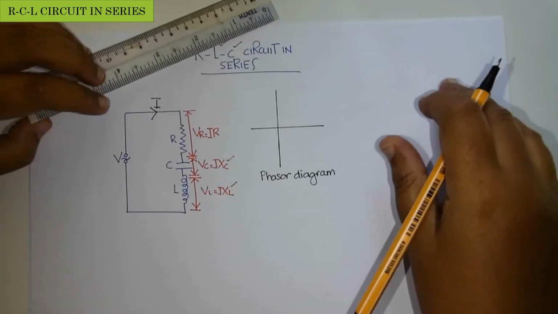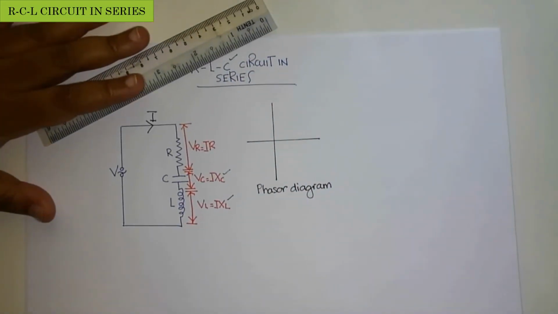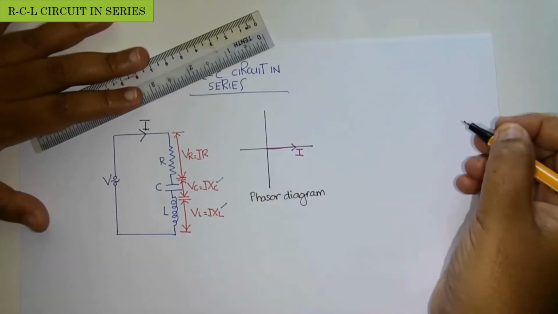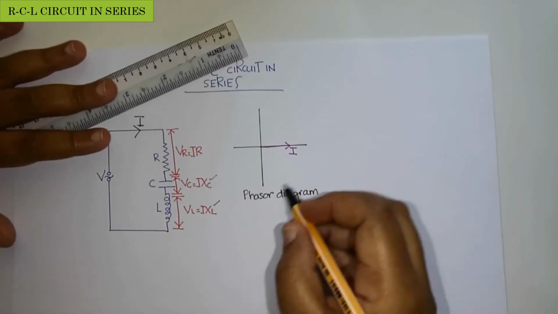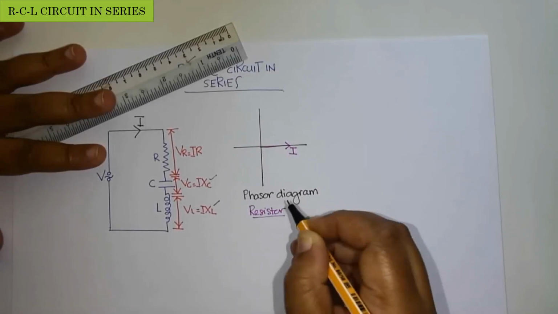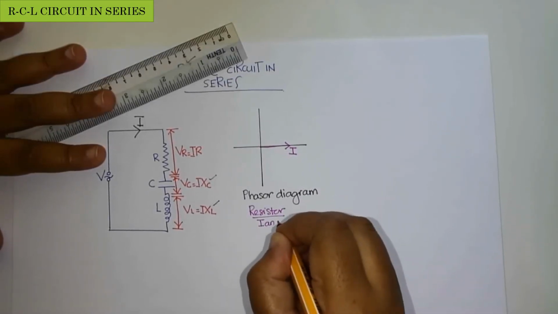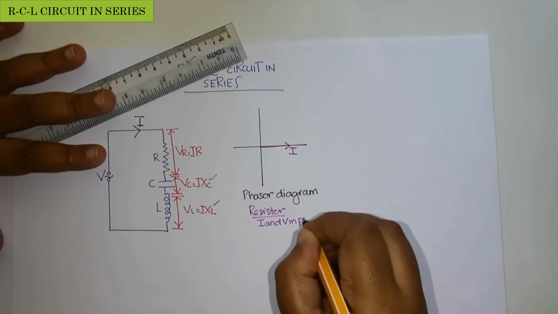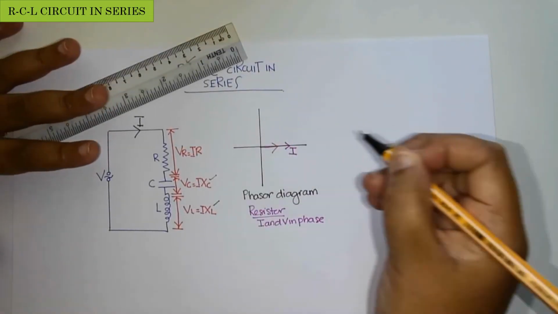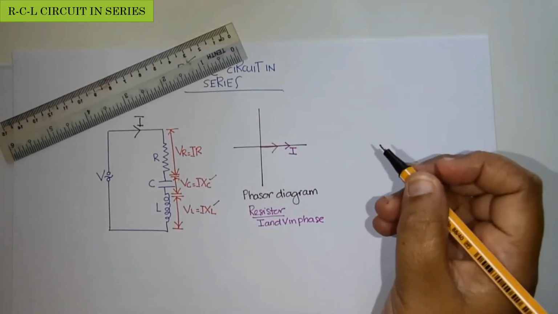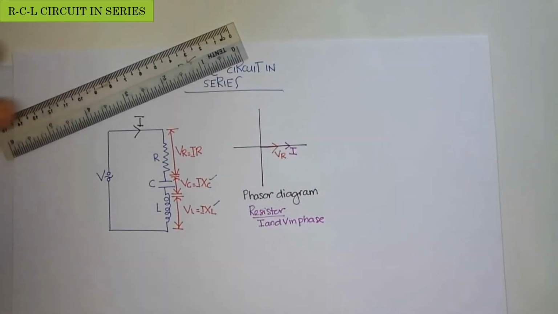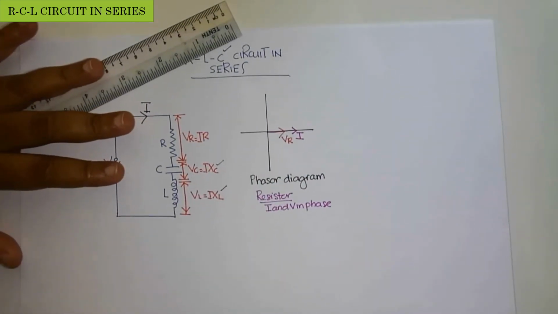So if I draw the phasor diagram, the current is in this direction. Now I'm going to write down here, for the resistor, I and V are in phase. So I'm going to draw here the resistor, which is VR. And then we are going to look at the capacitor.